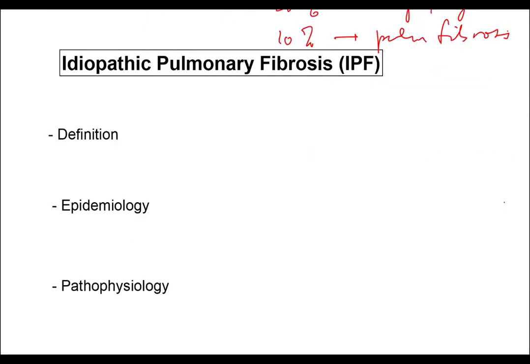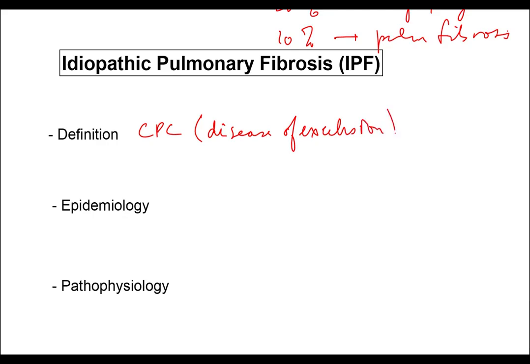The last of our diseases for our interstitial is the unknown category of idiopathic pulmonary fibrosis. So this is a clinical pathologic correlation because obviously it is a disease of exclusion. You've got to rule out all the known causes of interstitial lung diseases.